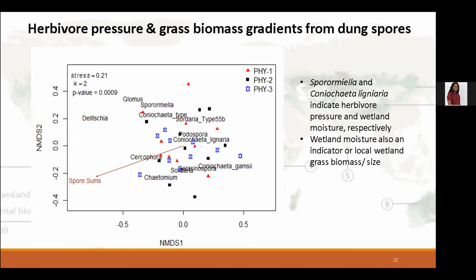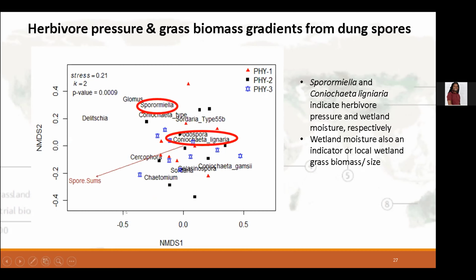So when you do the ordination of the dung fungal spores, we see that Sporormiella and Coniochaeta, the ones I'd highlighted, split separately.